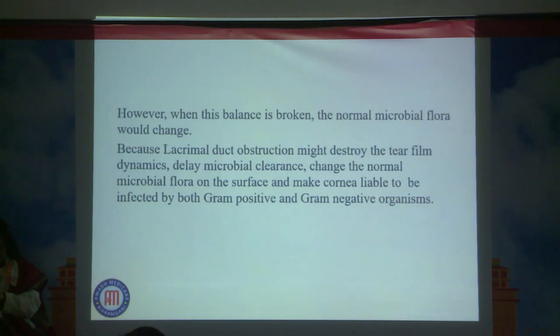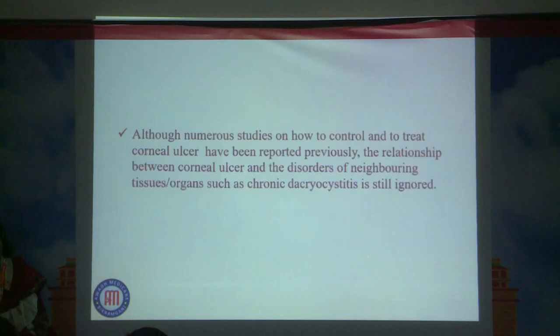However, when this balance is broken, because lacrimal duct obstruction might destroy the tear film dynamics, delay microbial clearance, and change the normal flora, the cornea becomes liable to infection by gram-positive and gram-negative organisms.